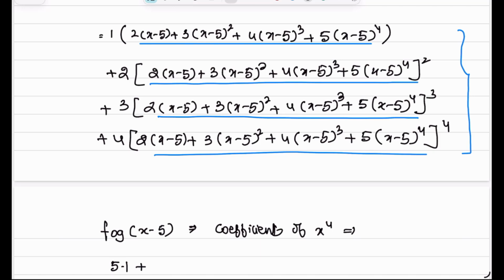You try to find out, expand them, you will get the exposure, and also you will get the practice for finding the x to the power of 4 value, and it is square here, it is cube here, to the power of 4.